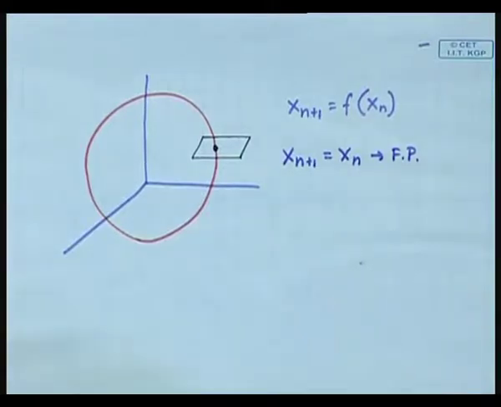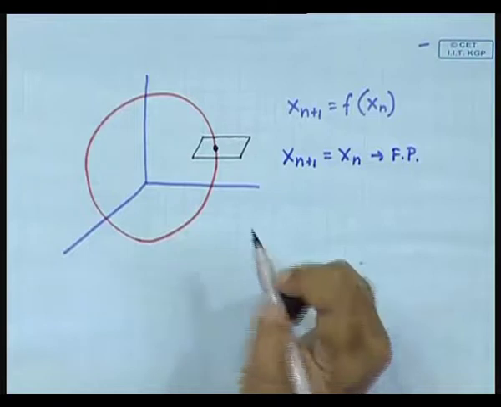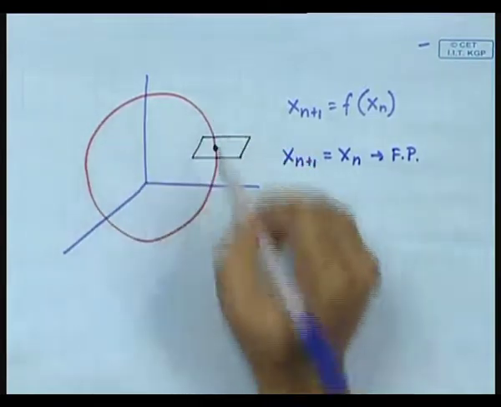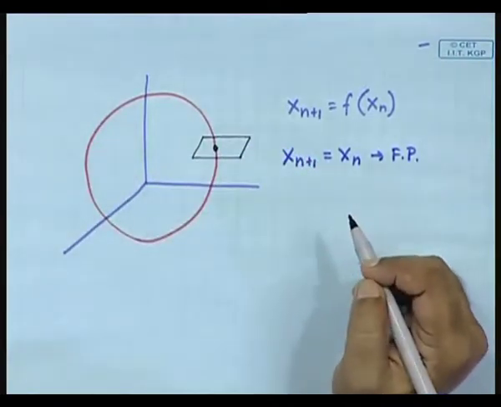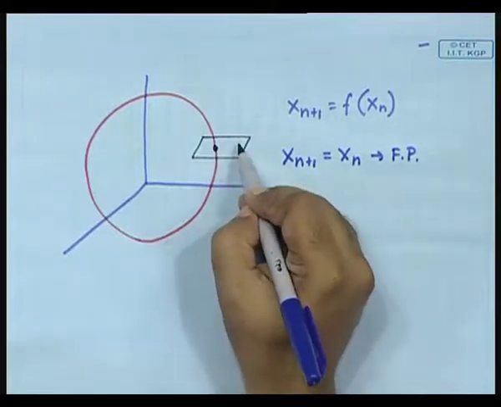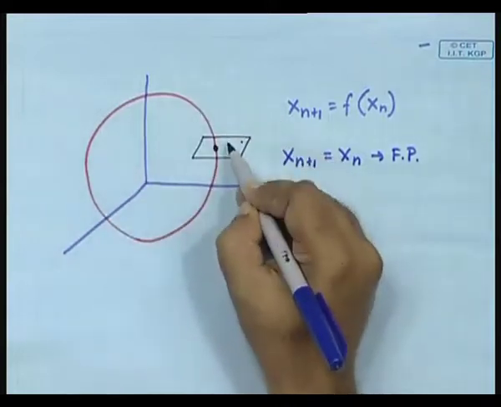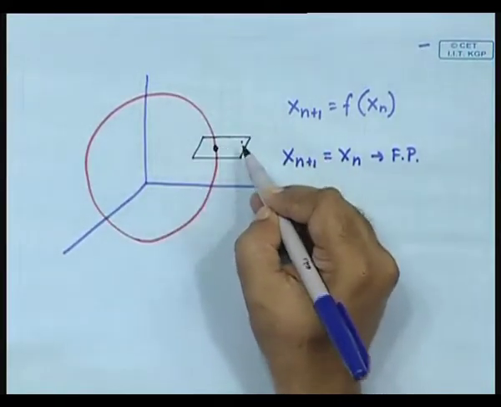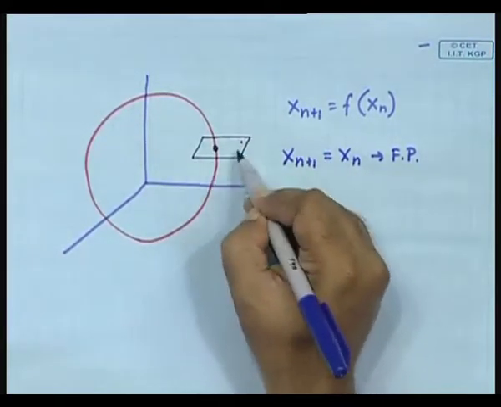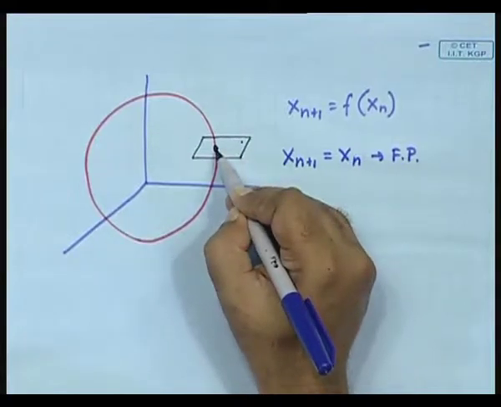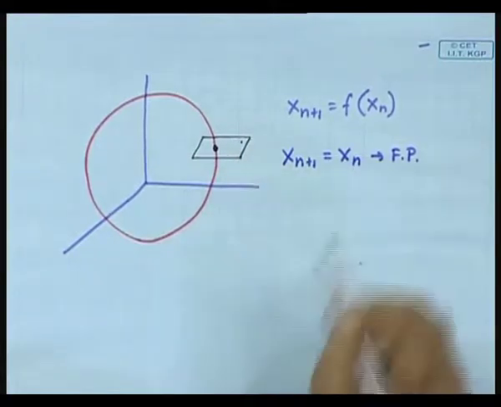Then our ultimate question was how to study the stability of this orbit. Now, it is not difficult to see that if the orbit is stable, then if you start from an initial condition away from it, then in successive rotations or iterations on this Poincare plane, it will come closer and closer to that specific fixed point.